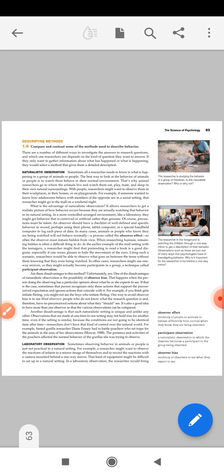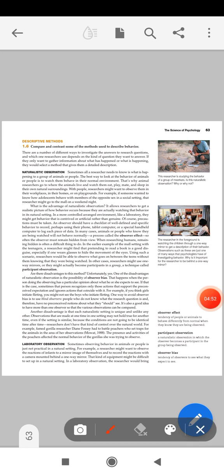Next one is laboratory observation, in which suppose we want to observe a small child. Will that be easy to observe in a naturalistic setting, or if we want to observe an animal?